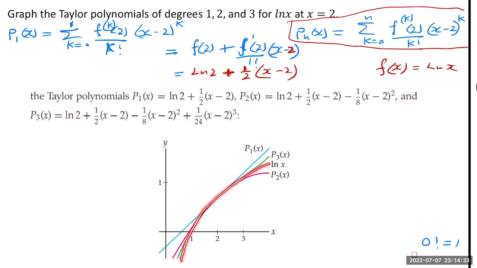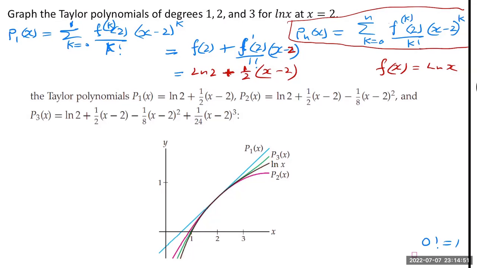This is the graph of ln x in black, and this green graph is the closest. As you can see, when the degree of the Taylor polynomial is higher and higher, that better and better approximates the original function that you are analyzing.